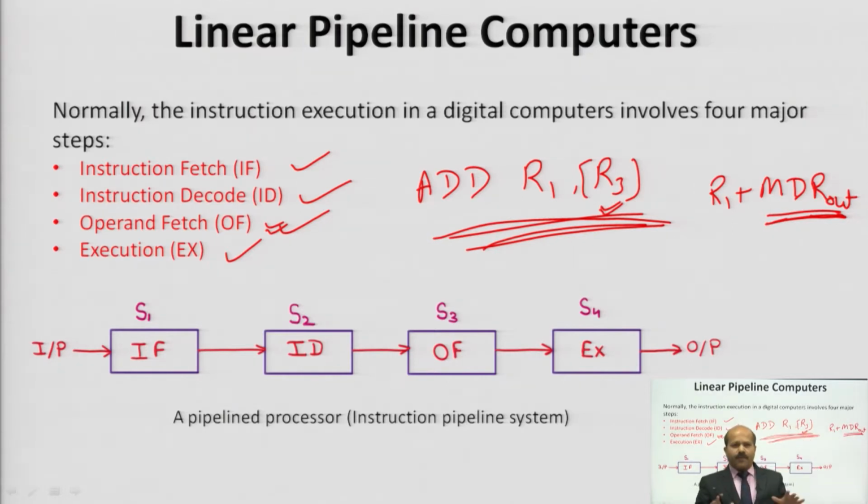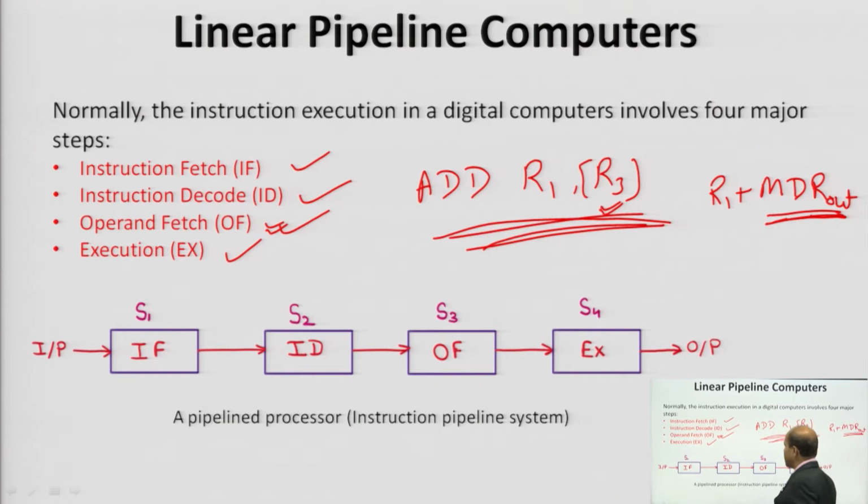Now, if it is a pipeline system, then we can divide the whole system into different segments, and each segment will perform different tasks. These are denoted by S1, S2, S3 and S4.